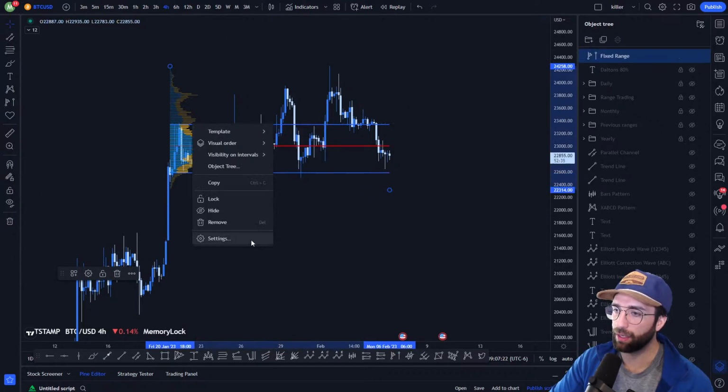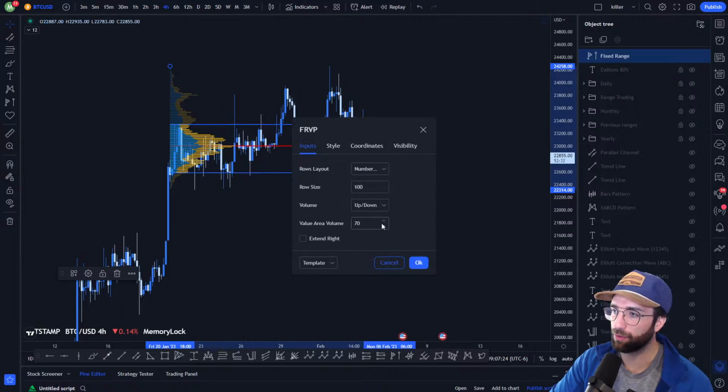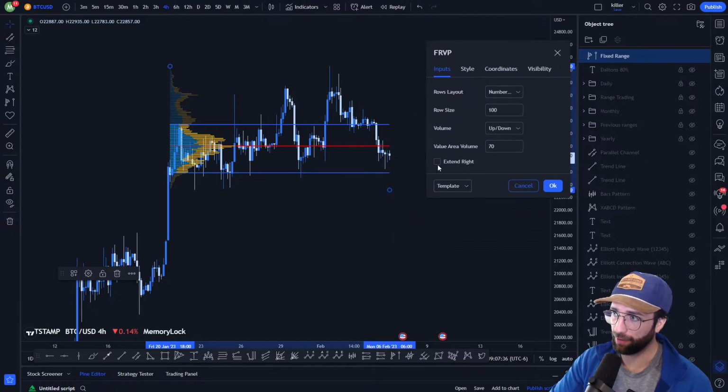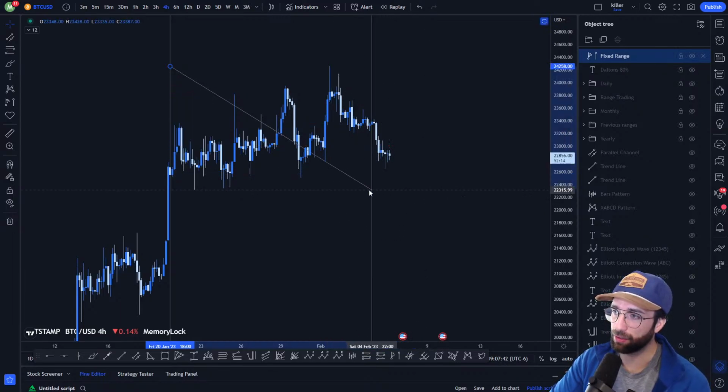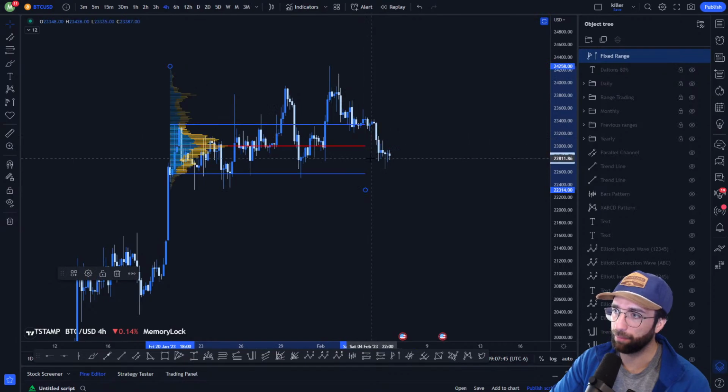And here we'll go into settings. I just want to be sure you guys have the same sort of settings put in. I put my row size at 100, my value area volume at 70. Extended right I'll use sometimes, and sometimes I won't. Basically, if you have extended right on and you draw it here, it'll just continue to extend. Otherwise, if you don't have it on, it'll stop wherever you pull it to.